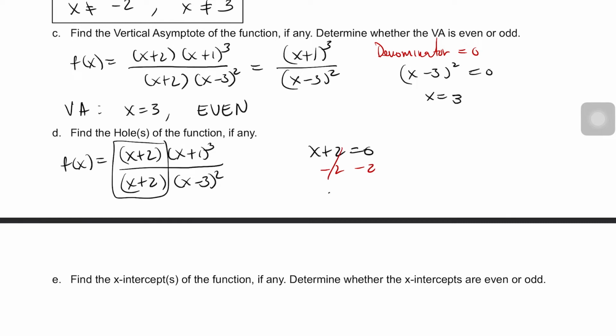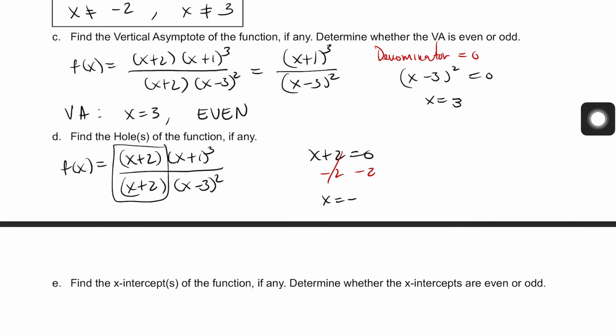So x plus 2 is set equal to 0 and we subtract, which gives the location of the hole of the function. This is at x equals negative 2, but we need to actually find the y-value. To find it, we plug it back into the function. Please use the simplified one, because otherwise you're just going to get 0 over 0 on the other one.